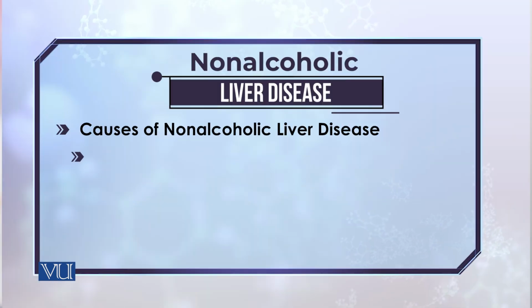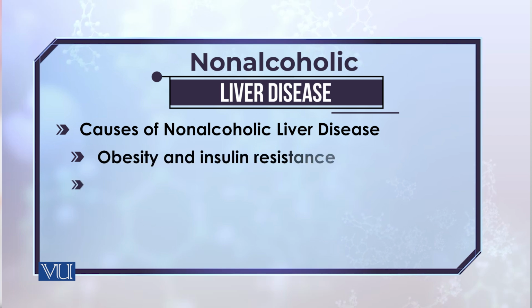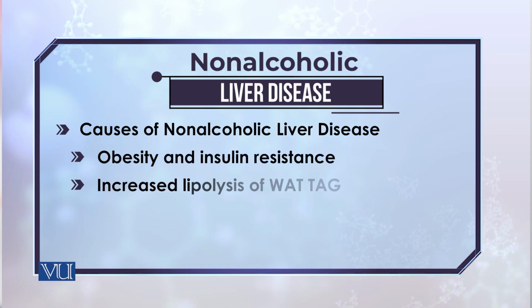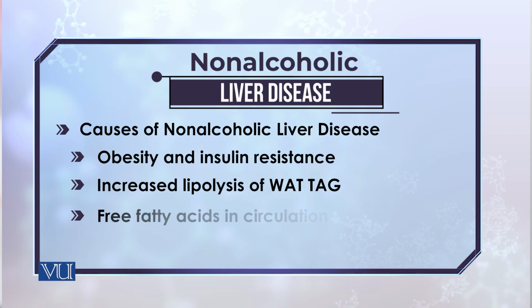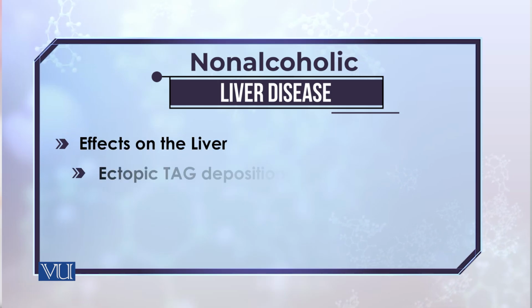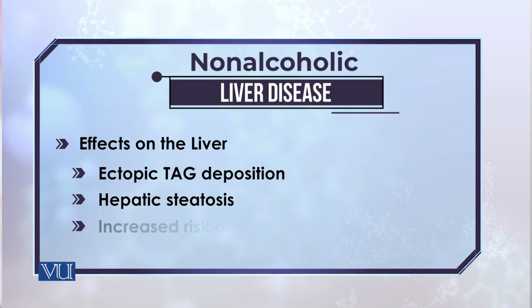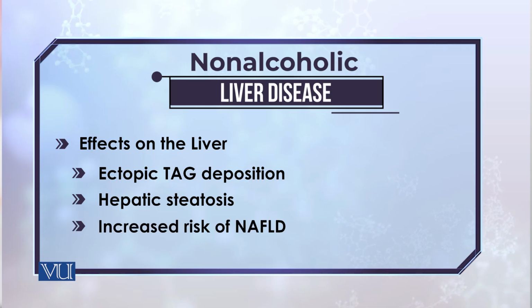Another very important thing is non-alcoholic liver disease. We have told you that liver is the most affected organ when it comes to the abnormalities caused by obesity, because there is diabetes, type 2 diabetes. Type 2 diabetes puts liver under strain because there is more and more lipolysis and more production of fatty acids.